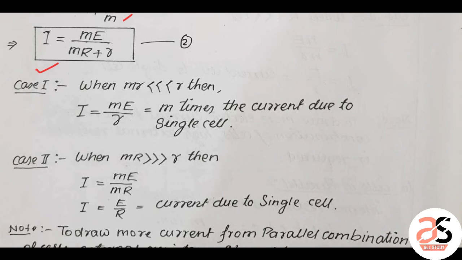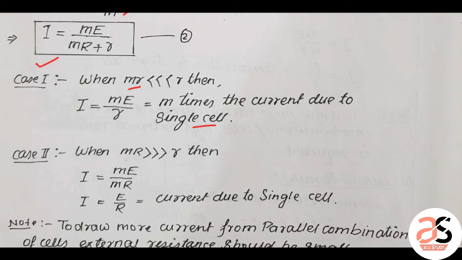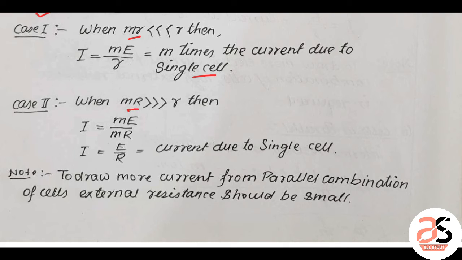So case number 1. When MR is less than small r, the equation becomes I equals ME by r. The current becomes M times the current produced by a single cell.